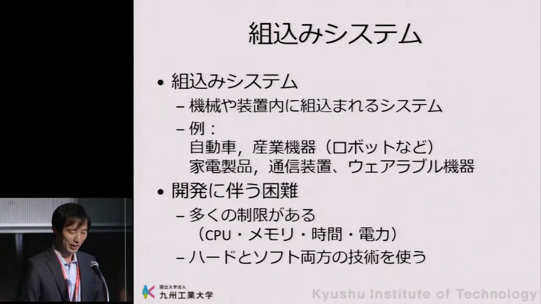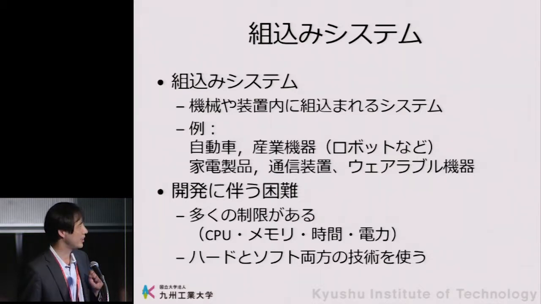And here's the embedded system. This is my target area of study. Embedded systems are in a lot of machines or equipment. Because they are inside the machines, they're not visible from outside. However, they're used in many different machines, such as automotive or industrial equipment, mobile phones, or small wearable tablets or terminals.